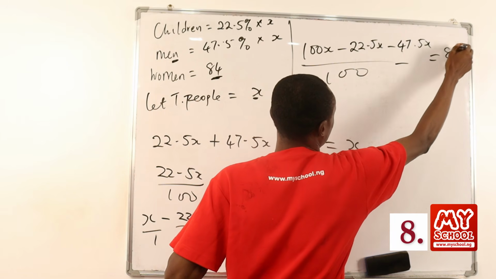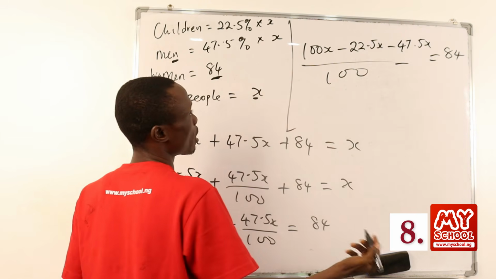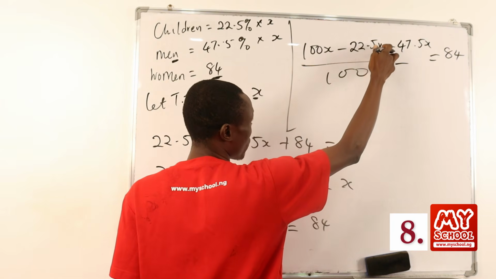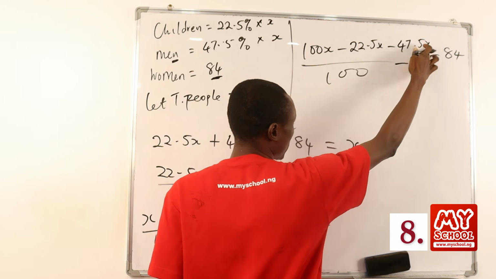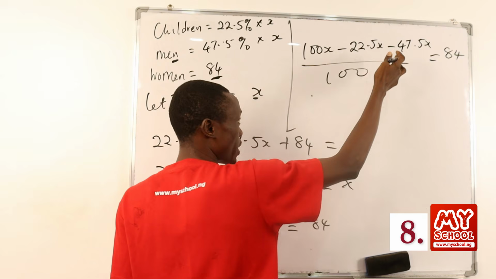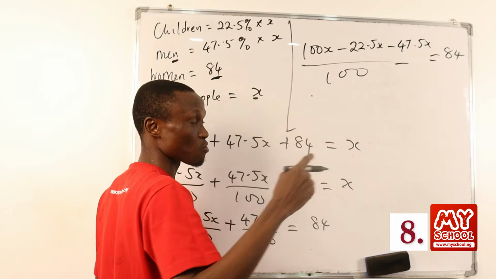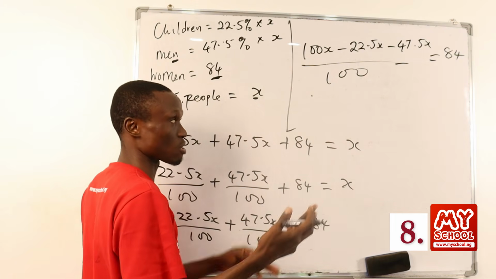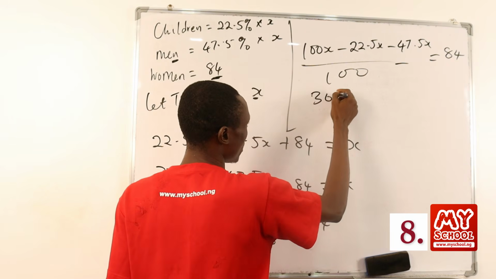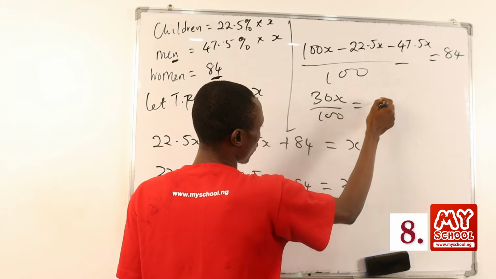And this is equals to 84, right? So now here, 100x minus 22.5x minus 47.5x, that will be equals to 30x, because 22.5x plus 47.5x is equals to 70x, and 100x minus 70x is 30x. So here we have 30x all over 100 is equals to 84.